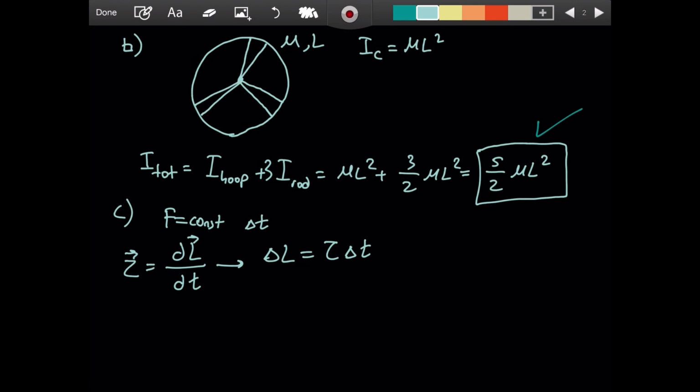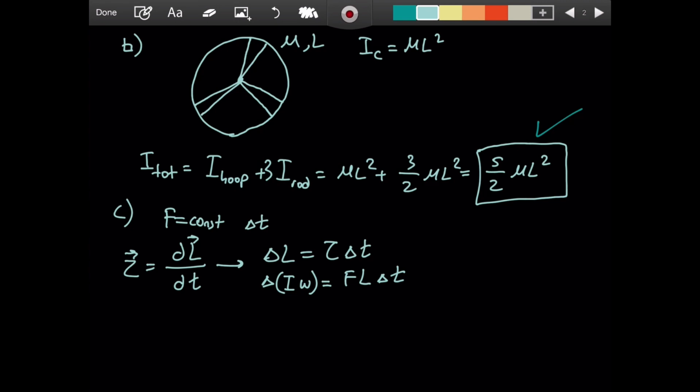What is delta L? Well, it is going to be the moment of inertia of the system, I, times delta omega. And for the torque, it will be force times the moment arm. The force is F. What about the moment arm? We are told that it is tangent to the hoop, so the moment arm is the radius of the hoop, which is given to be L, and then we have delta t.